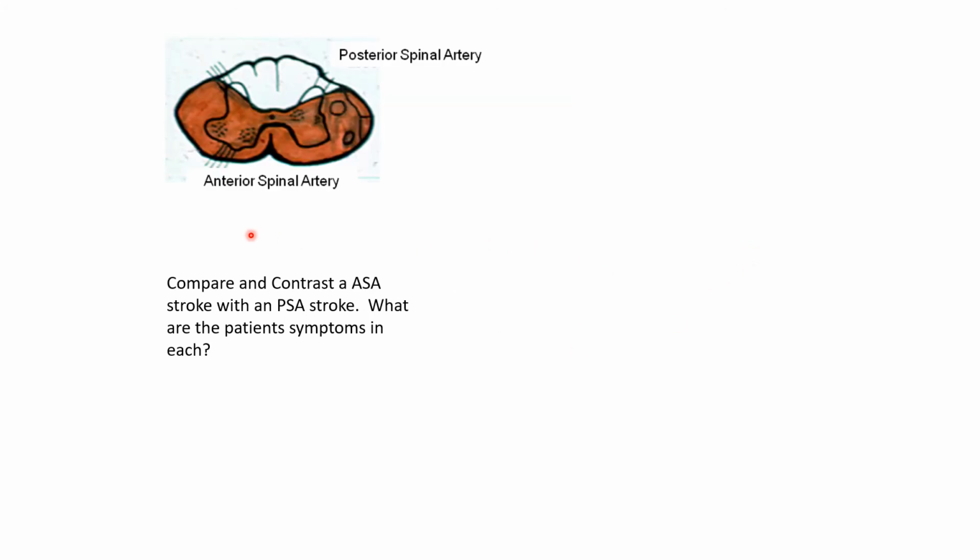If we wanted to compare and contrast the effect of an anterior spinal artery stroke with a posterior spinal artery stroke, we would recognize that in the wide distribution of the anterior spinal artery, we have both the corticospinal tract and the lateral spinothalamic tracts, so that there would be spastic paralysis below this level and on both sides, and there would be loss of pain and temperature on both sides below this level.